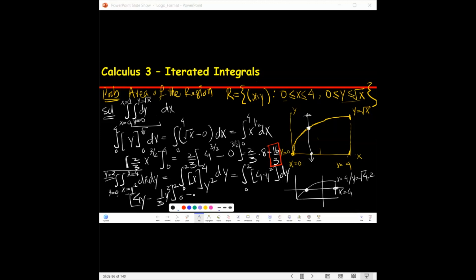Okay, let's substitute the value of the limit. It's going to be 8 minus 8 over 3 minus 0, which is 24 over 3 minus 8 over 3. If I solve this one, it's going to be 16 over 3.